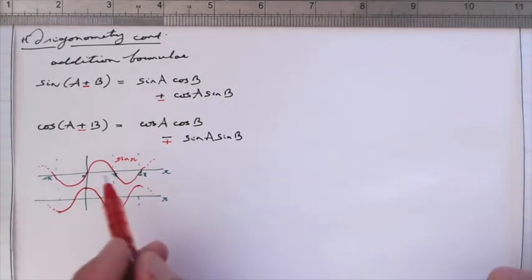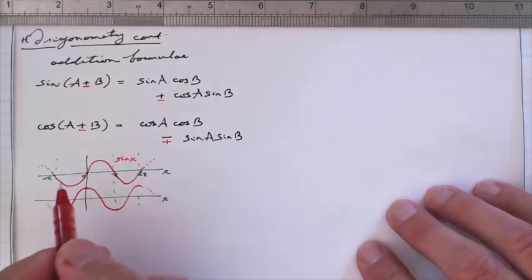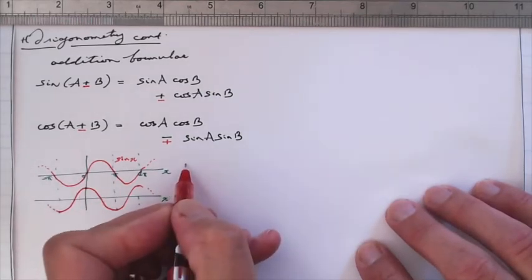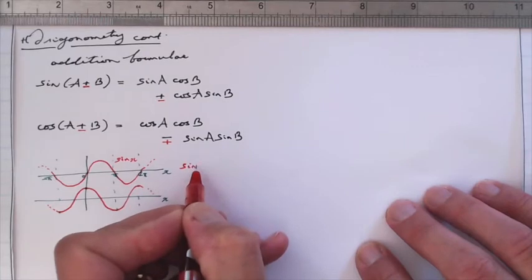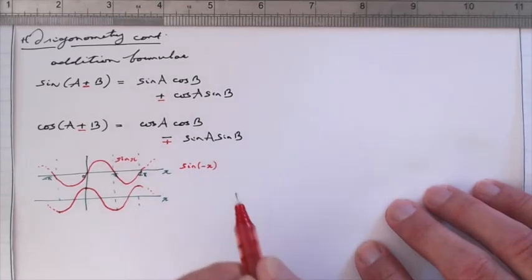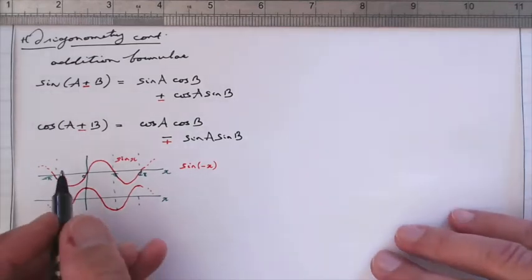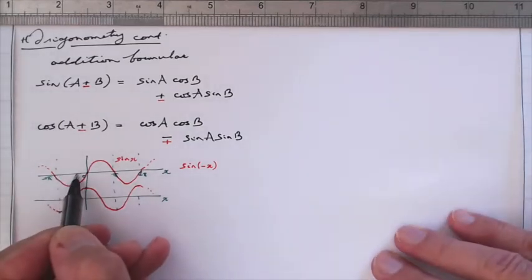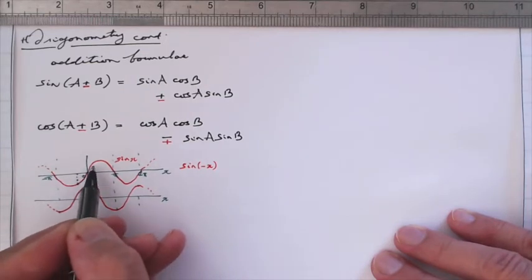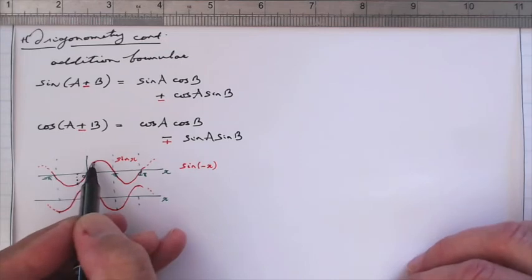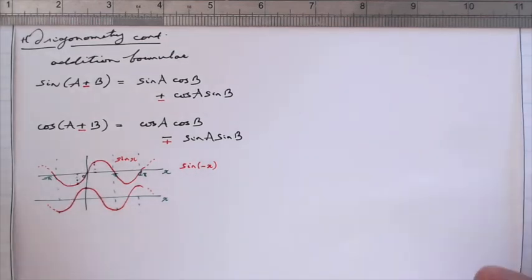But the point of these little sketches is to show you that sine is an odd function, namely that the sine of a negative angle, so let's just see a negative angle there. If I look at the equivalent positive angle, you see that the sine of the negative angle is the negative of the sine of the positive angle.